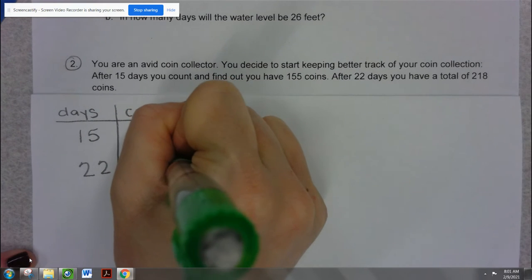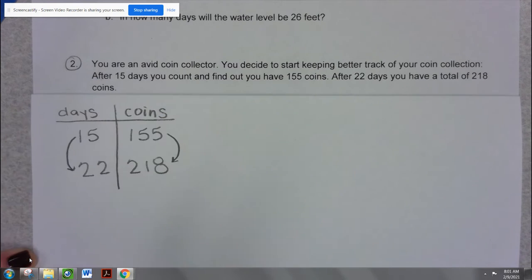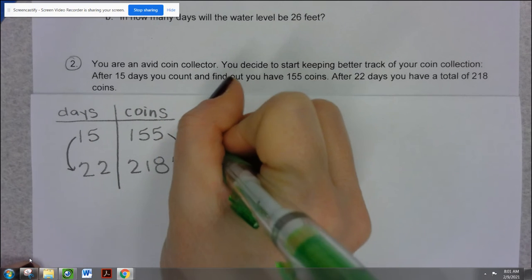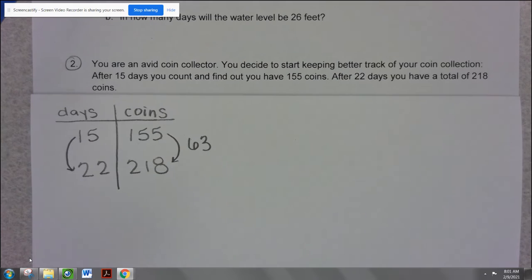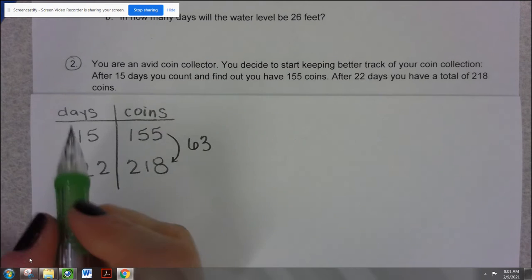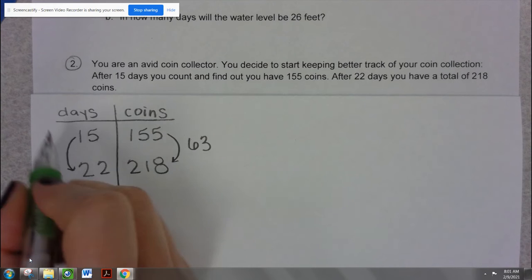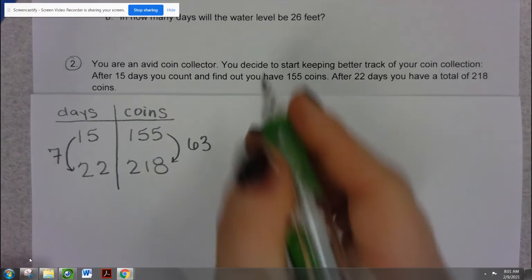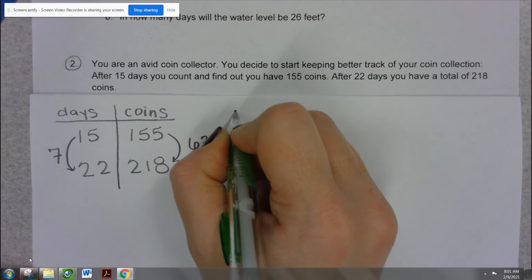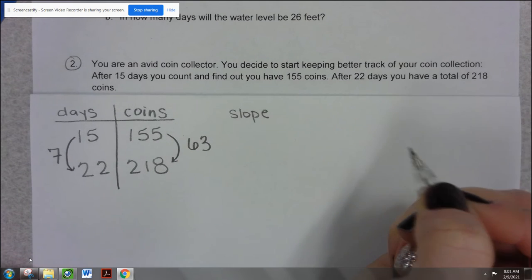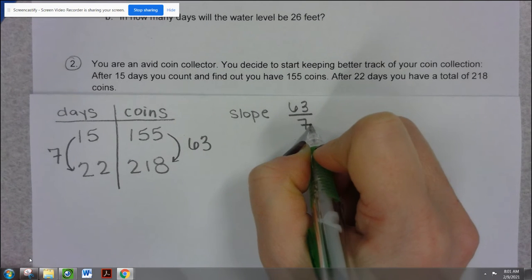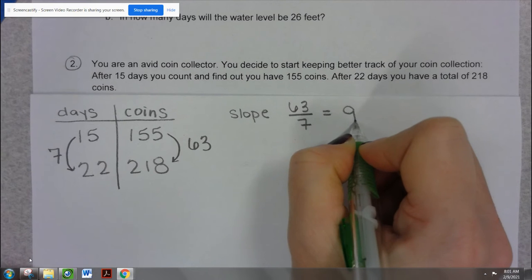So the first thing I need to do is figure out how many coins per day we are saving. From 155 to 218, that would be 63. And from 15 to 22 would be 7. So in this case, our slope, or our coins per day, would be 63 divided by 7, which gives me 9.